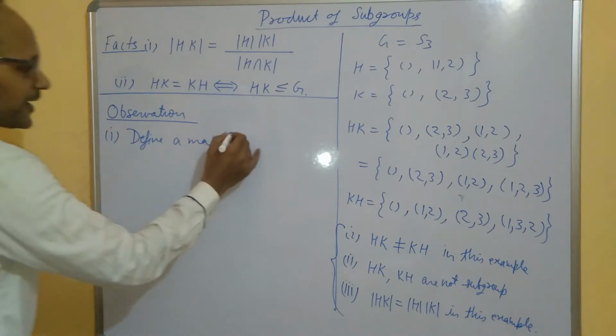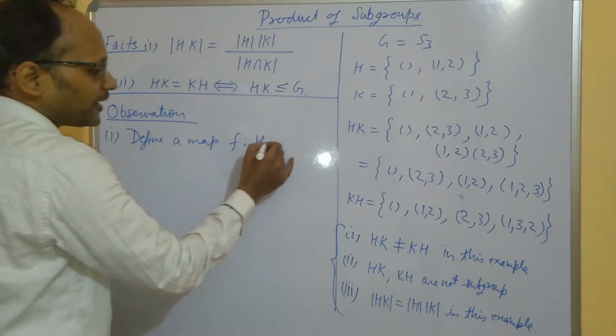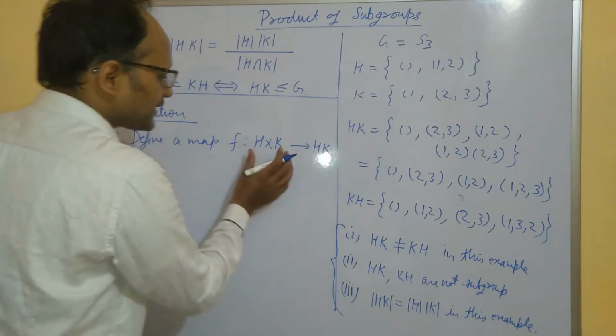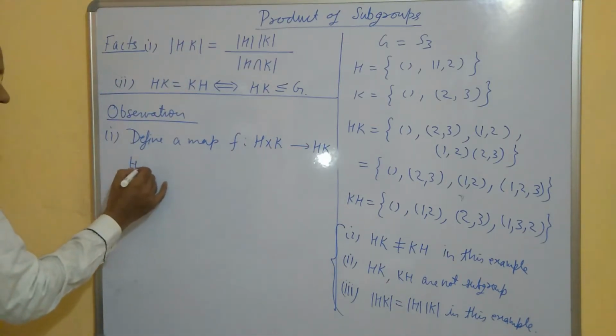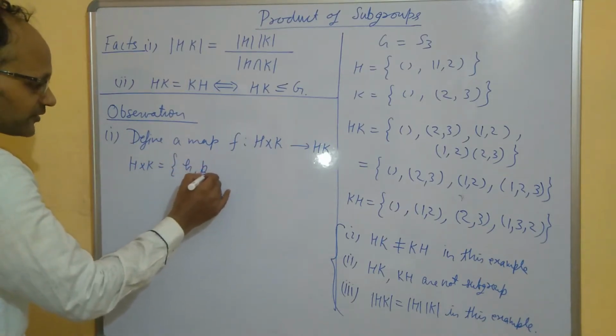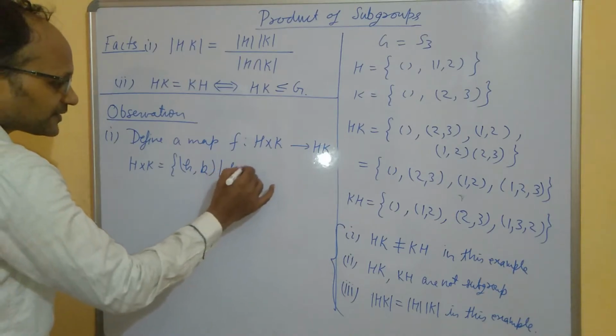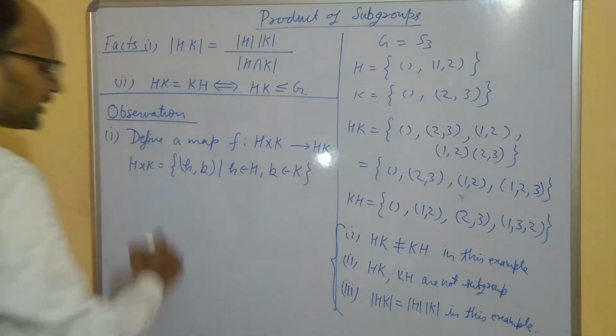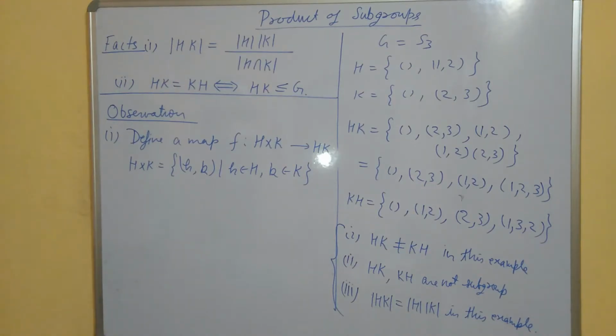If we define a map F from H cross K to HK. So what is H cross K? H cross K is simply the Cartesian product of two sets, that is, elements of the form (h, k) such that h is in H and k is in K. So the collection of these types of elements.